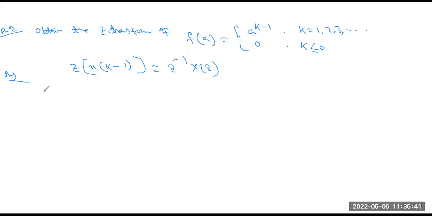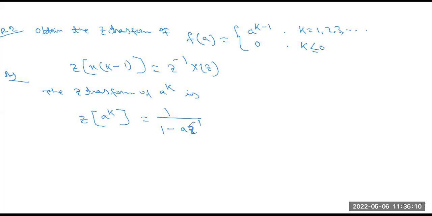Now the Z transform of a to the power k, because we solved the polynomial function in previous classes, is from the table 1 by 1 minus a z inverse.